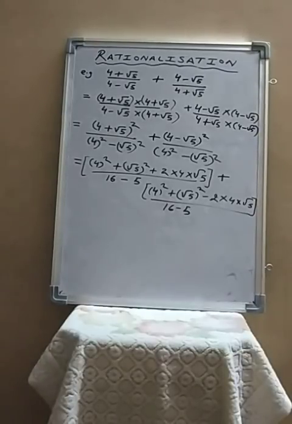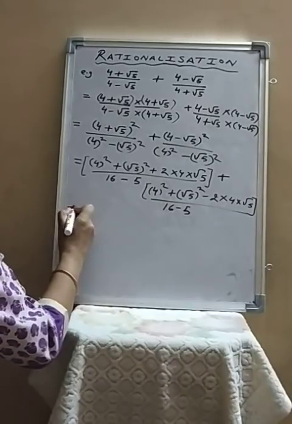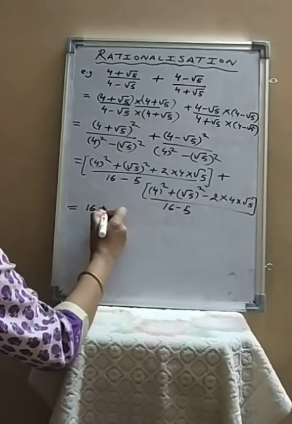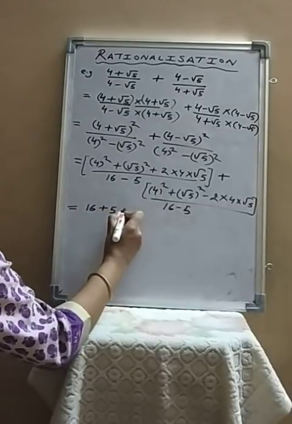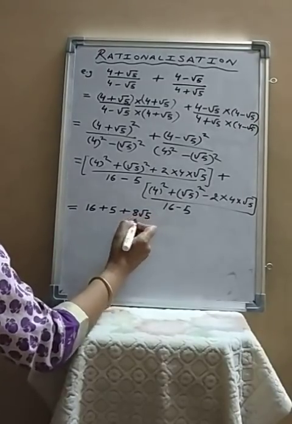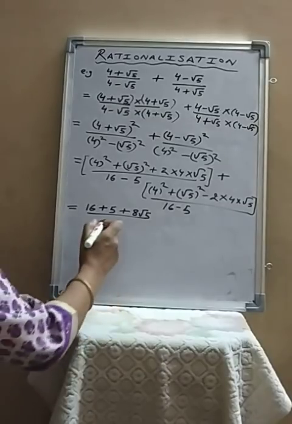Now children, let us do the next step. Let us simplify it. 4 square is 16 plus 5 plus 8 root 5 divided by 16 minus 5 is 11.